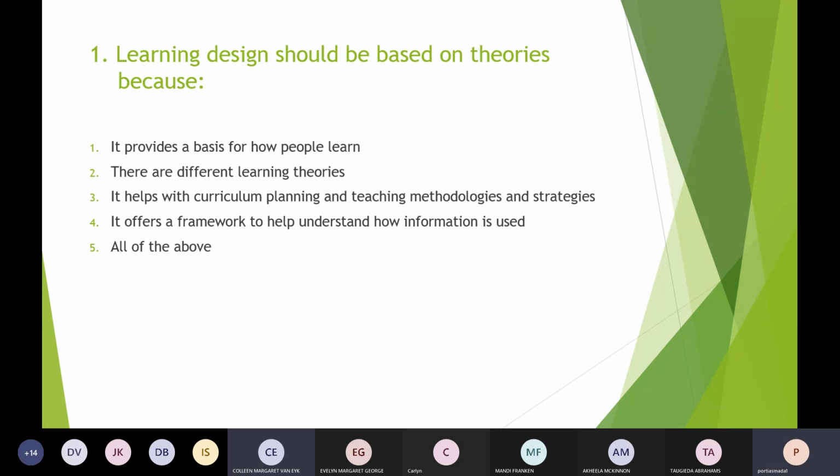It provides a basis for how people learn. There are different learning theories that you need to take into consideration. It helps with your curriculum planning, and it offers a framework to help understand how information is used. All right, thank you. Danae, do you agree with her? Is that why you say it's all of the above? Yes, I completely agree.